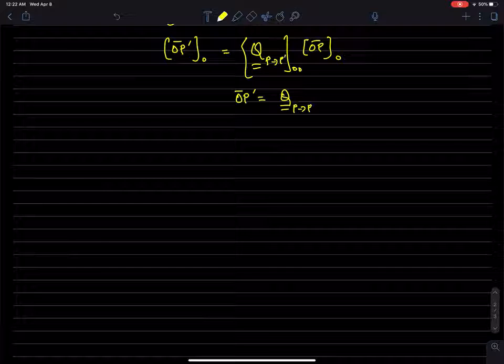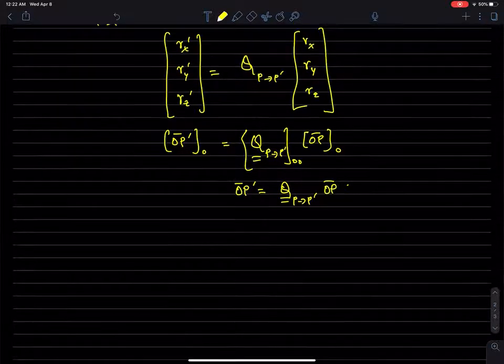This is Q P to P dash, OP. Okay, so that's how you would write it sort of in an abstract manner without worrying about the coordinate frames in which we are presenting.